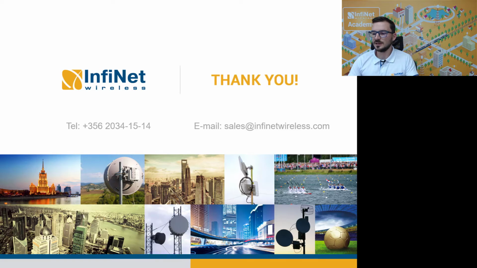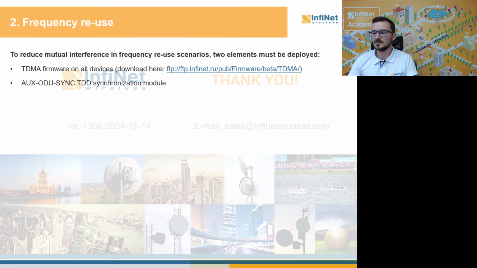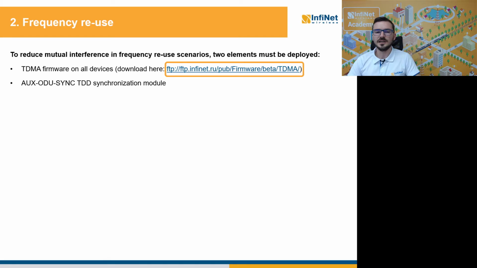I can show you the link again. So in this slide, you have the link from where you can download the TDMA firmware. So if you don't have TDMA at all, or you have an older TDMA firmware, I recommend going to our FTP server and downloading the latest version, and then you will have all the features.